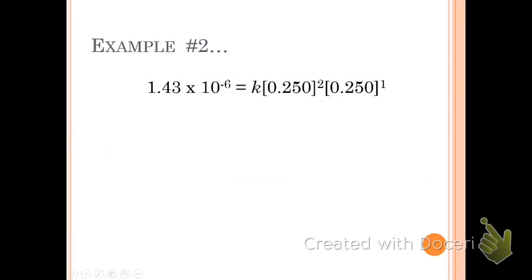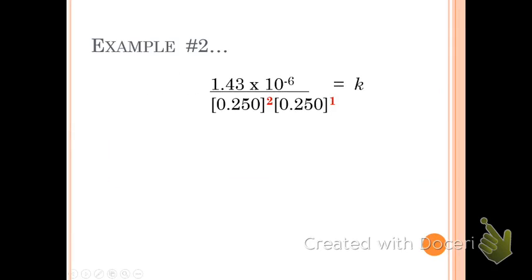Set up to solve for K. And we have 1.43 e to the negative 6 divided by 0.250 to the second power and 0.250 to the first power.